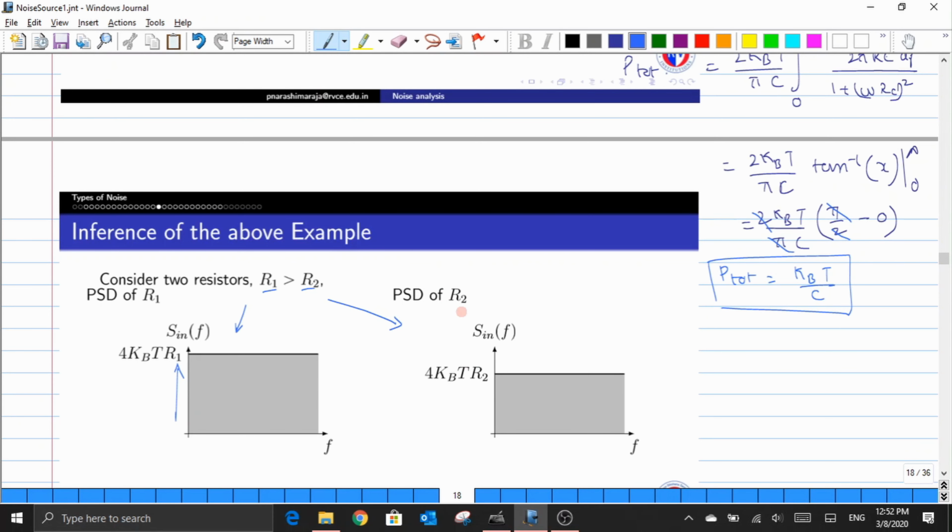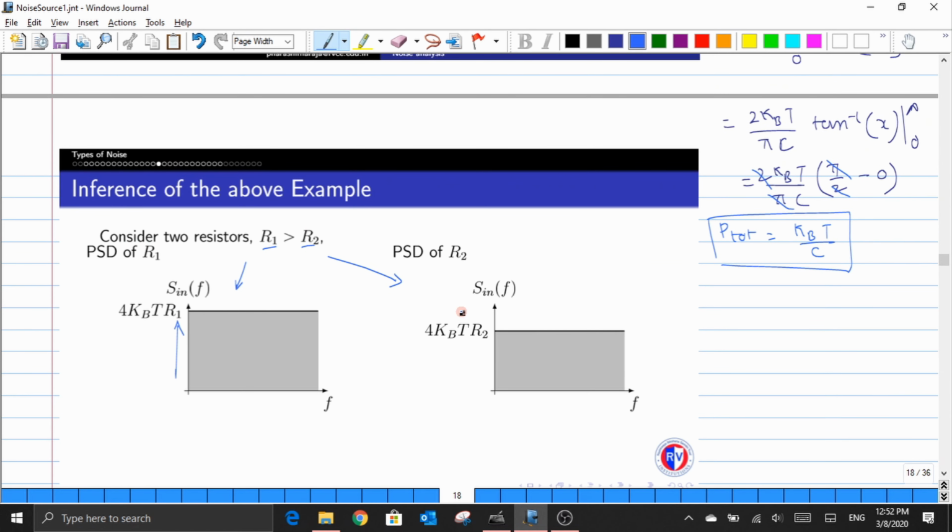When these resistors are combined with the capacitor, we know that the RC network creates a low pass filter configuration. In the case of resistor R1, the combination of R1 with the capacitor results in a smaller bandwidth, which is defined as omega minus 3 dB, given as 1 by R1 times C, and since the value of R1 is high, the bandwidth is smaller here.